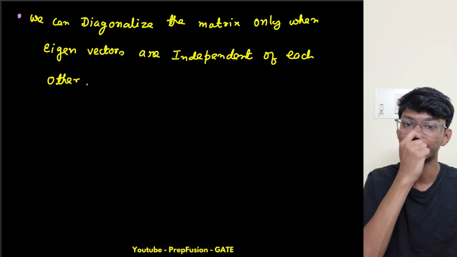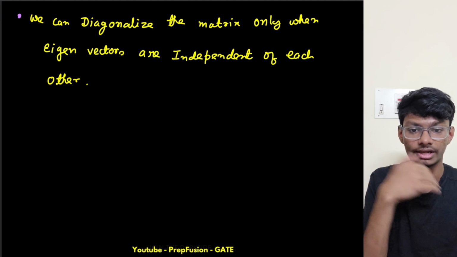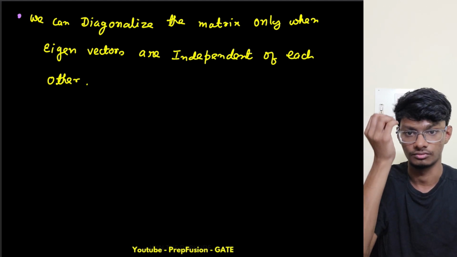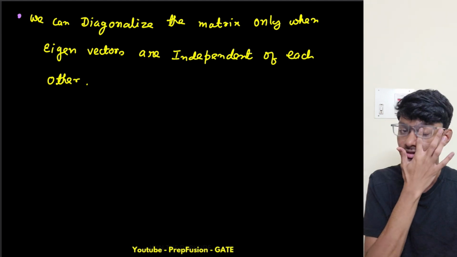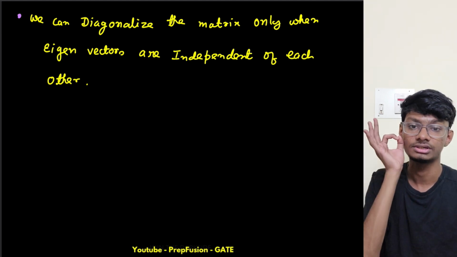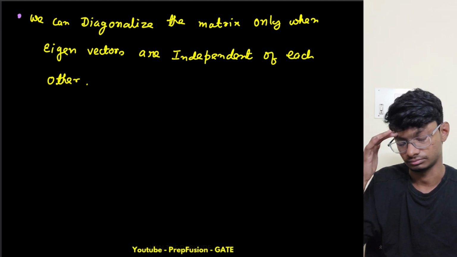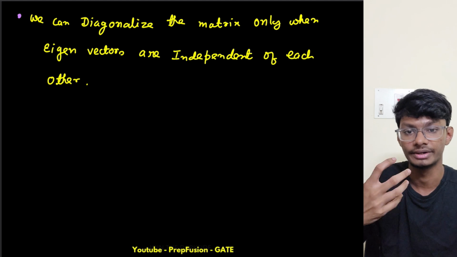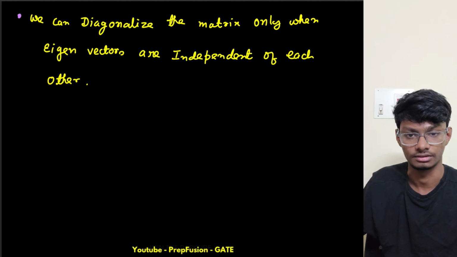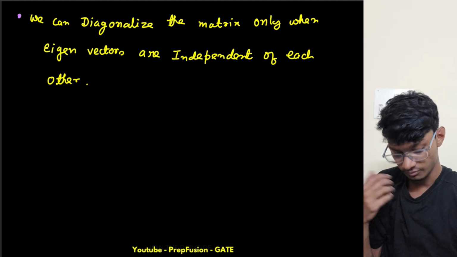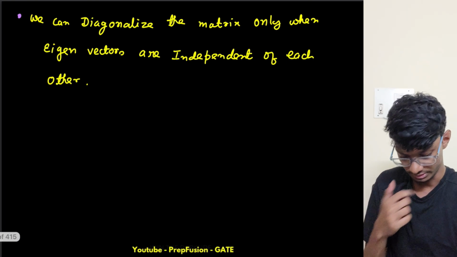Now if one of the eigenvalues is 0, then anyways we can't do diagonalization, because the eigenvector will surely be dependent on the other eigenvectors. So definitely we won't be able to diagonalize this matrix.